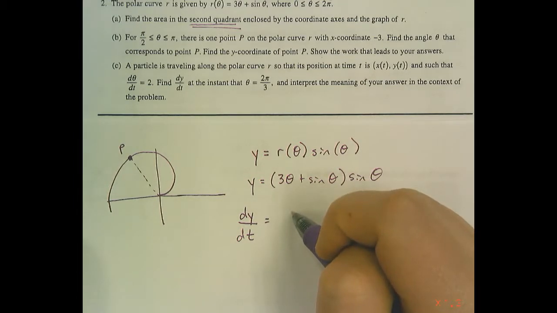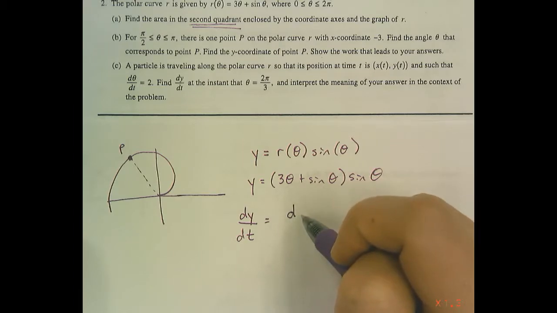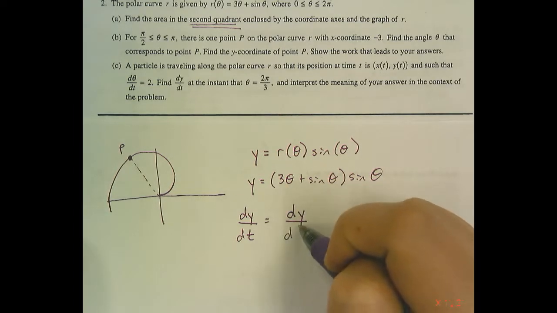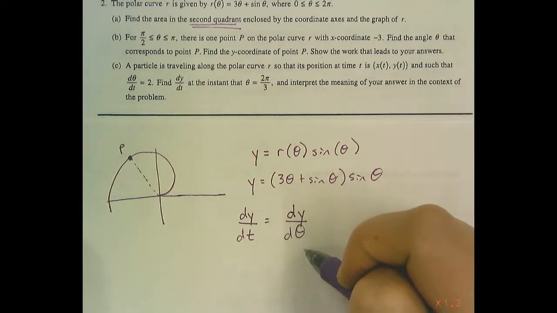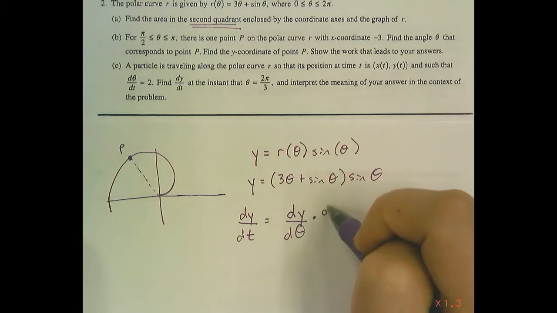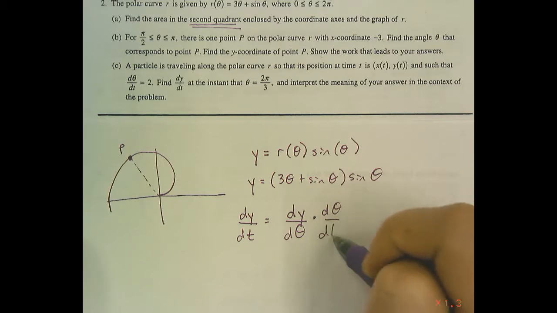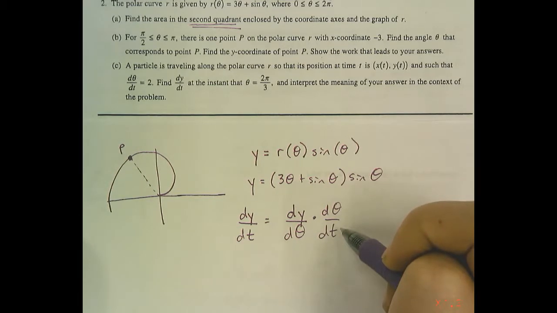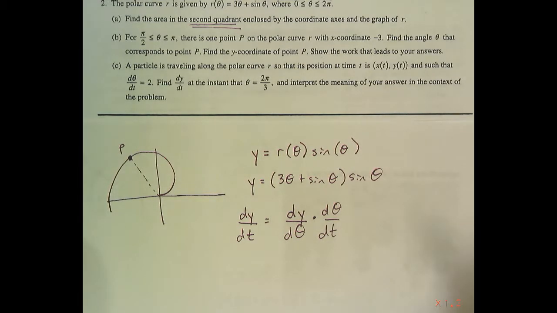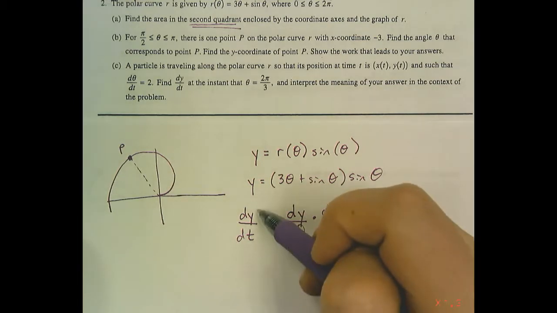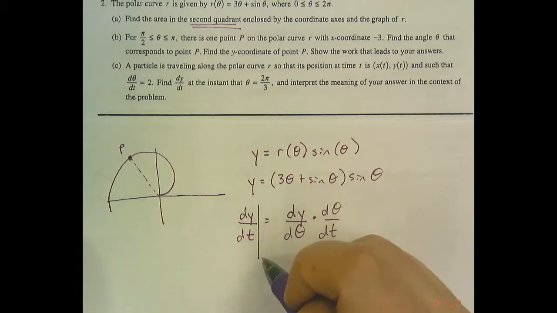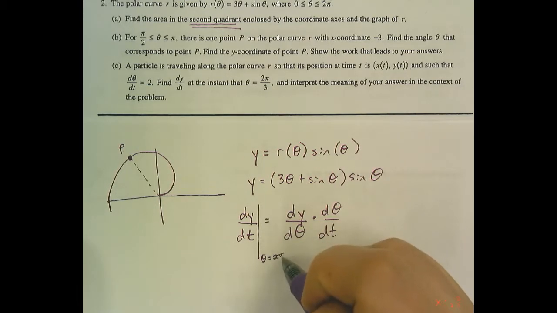And if I take the derivative of the right-hand side, I'm going to shorthand this, and I'll explain in a moment. The derivative of the right-hand side would be the derivative of y with respect to theta times d theta/dt, because we're differentiating with respect to time. And the question is asking us to find this value when theta is equal to 2 pi thirds.